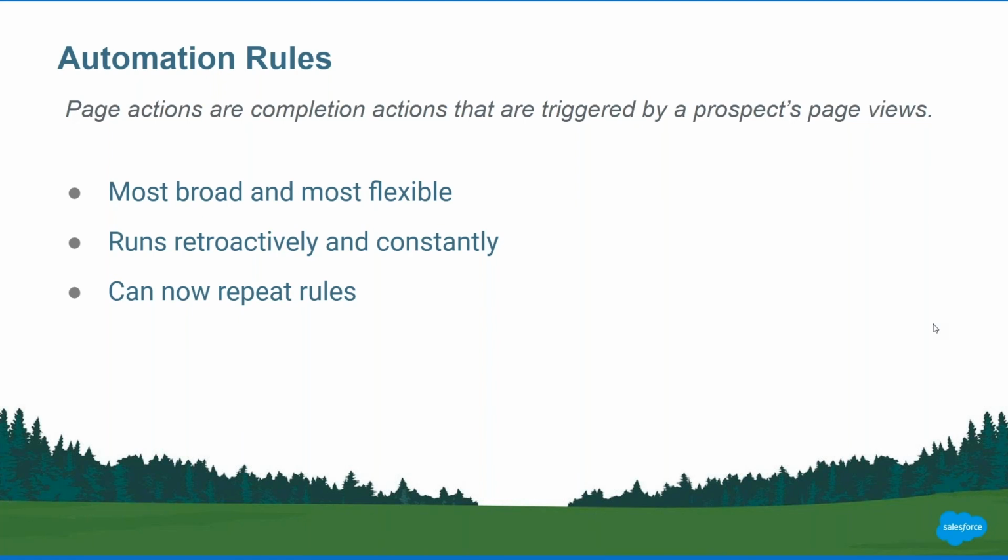If tomorrow you no longer meet the criteria, you'll be removed from that dynamic list. But in the case of an automation rule, let's say you have an automation rule that adds a prospect to this list based on if their Pardot grade is A plus. If your grade is A plus and the automation rule qualifies you, it's going to add you into that list.